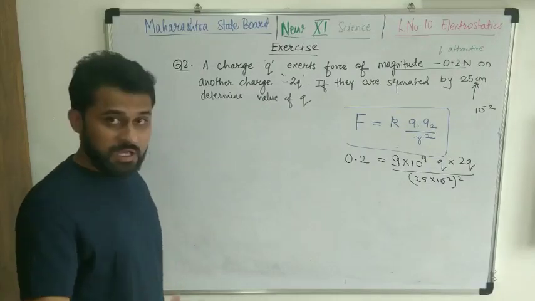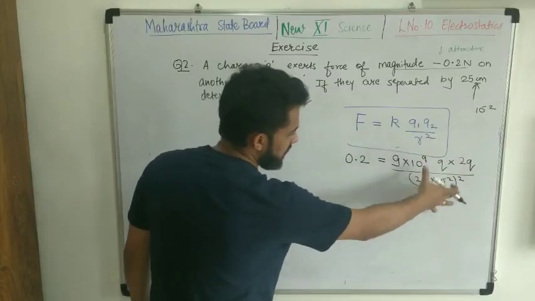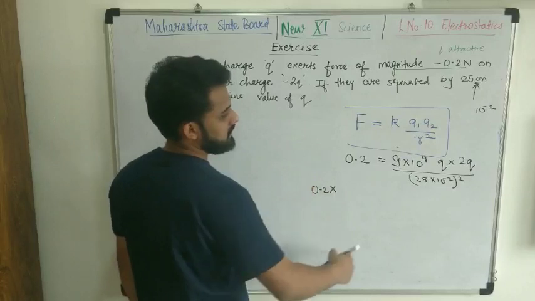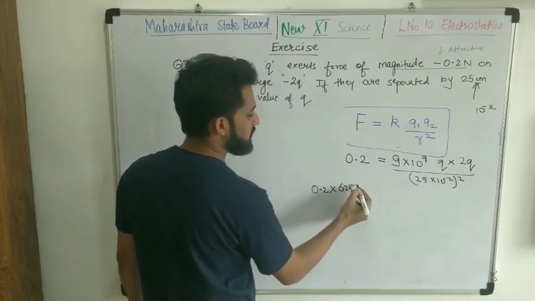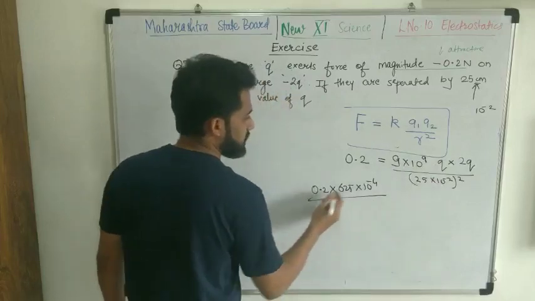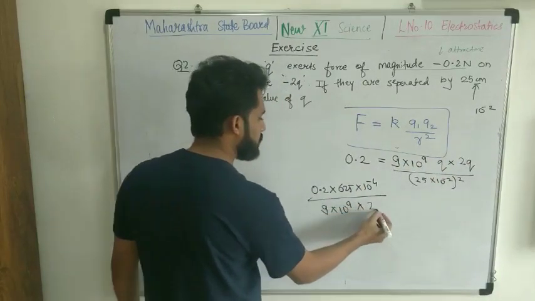So now, on simplifying the right hand side and left hand side, bringing all the terms to the left hand side, 0.2 times 25 square is 625 into 10 to the power minus 4 divided by the whole numerator, 9 times 10 to the power 9 into 2, is Q square.